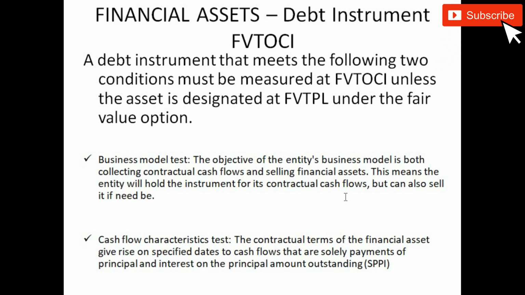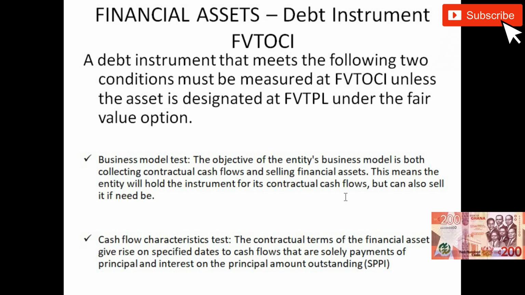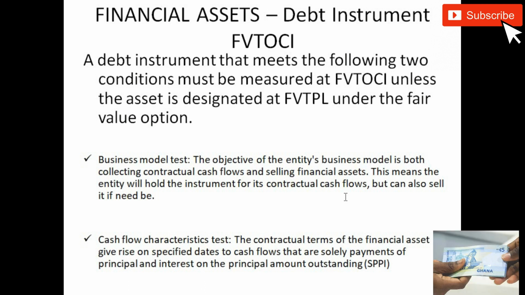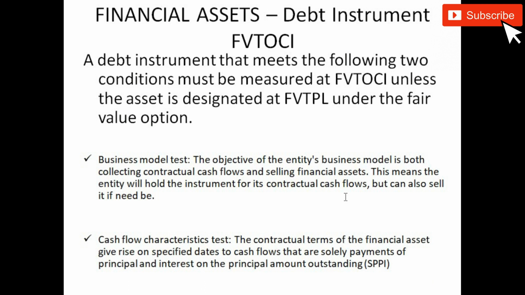So with the business model test under fair value through other comprehensive income, an entity has the intention to collect contractual cash flow, but also has the intention of selling the financial assets when the entity feels it is more profitable to sell. The entity has the option to hold it to maturity, but also has another intention when it finds it favorable to sell.